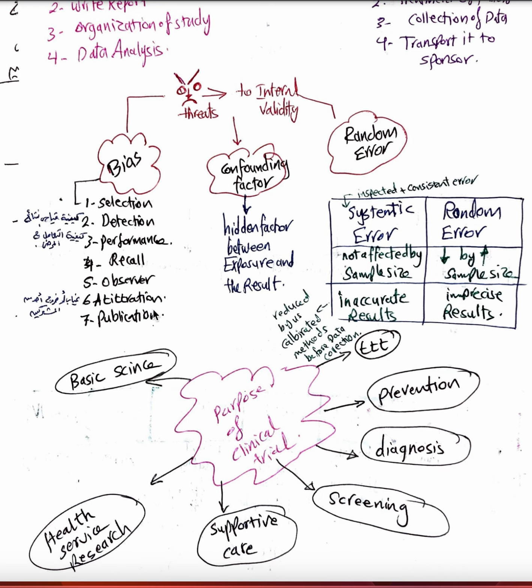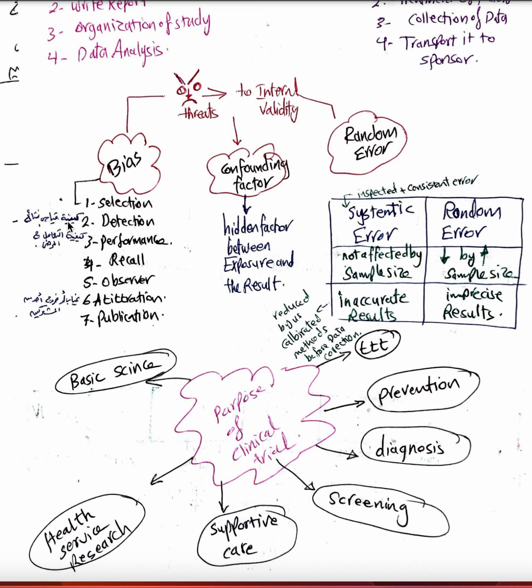Attrition bias, when someone drops out from a group, like he withdraws from this group, and we make the results and just ignore completely this person who is out of the group. And then publication bias, like we publish the positive results only and ignore all the negative results.